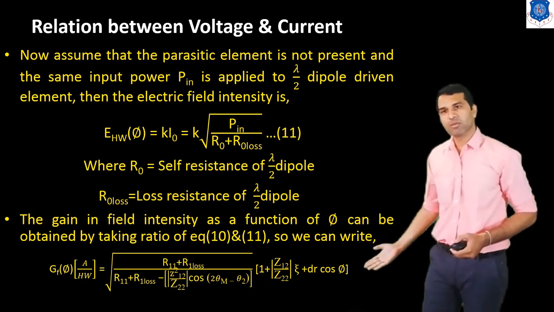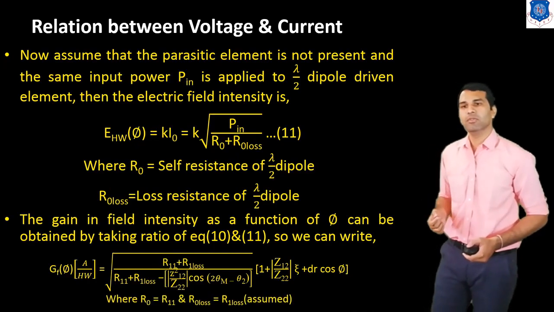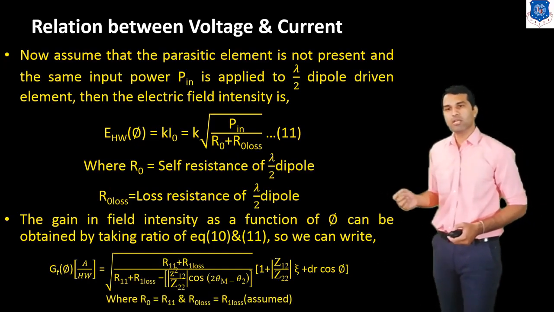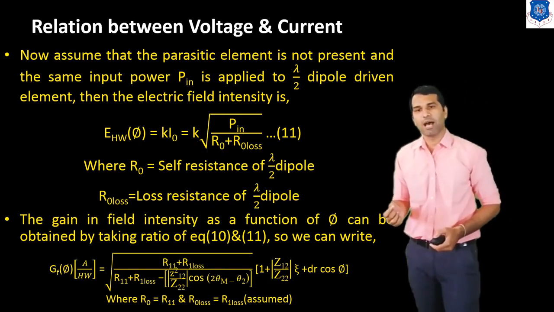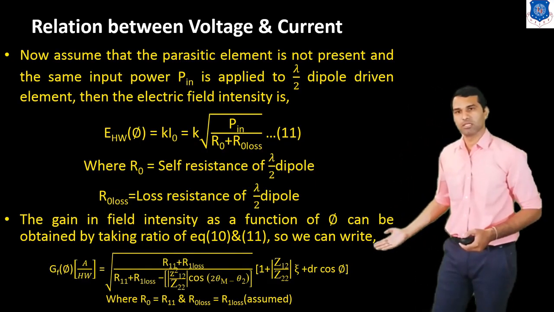So this is the equation for the gain, where R0 is nothing but R11 and R0 loss is the R1 loss we have assumed in this equation.